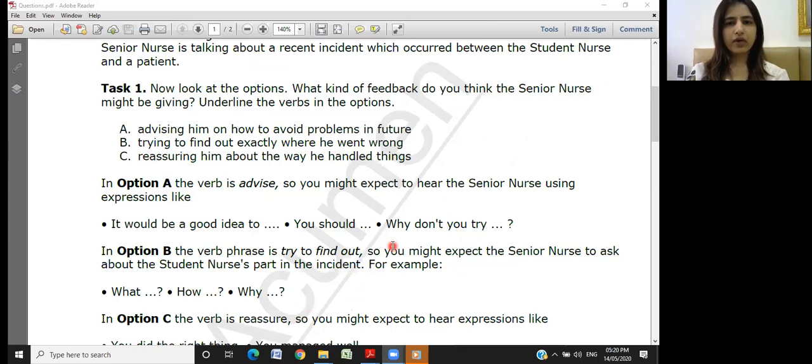So we have A, B, and C, all answers selected by some of you. So let me explain all of them to you. Now I'll explain that to you with the help of the transcript. Let me just get the transcript.